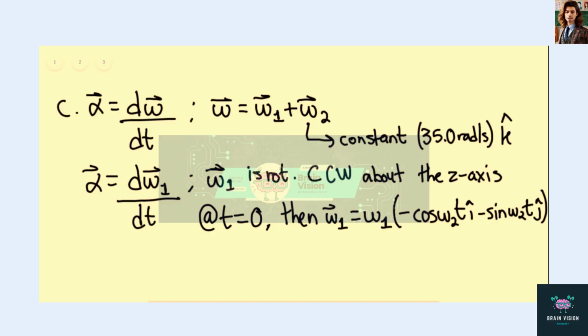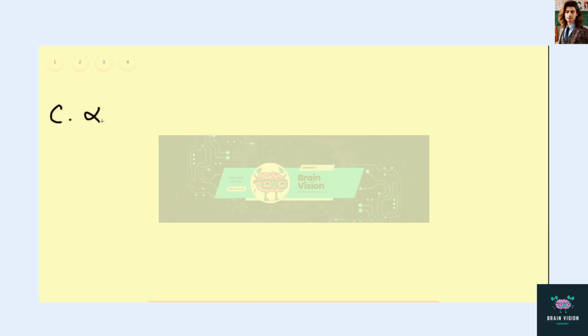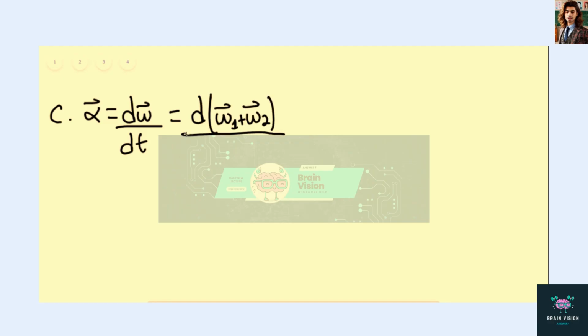And so we can say alpha, for part C, would equal d omega over dt. This equals d of omega sub 1 plus omega sub 2 with respect to dt, and this equals d of omega sub 1 over dt.